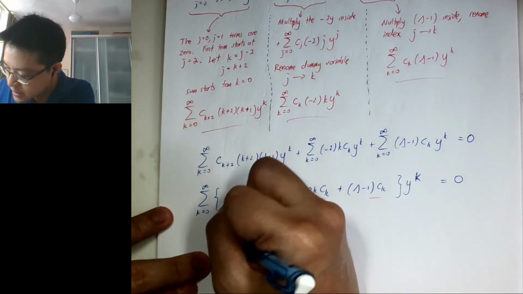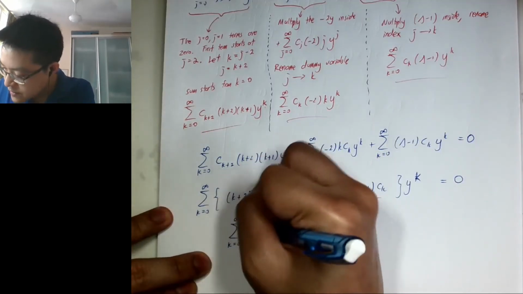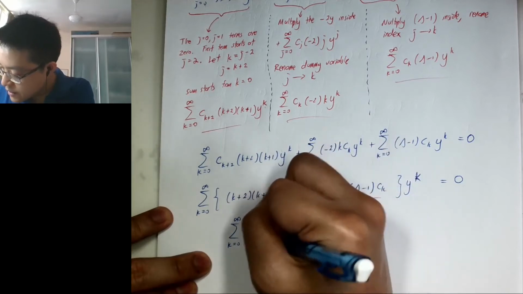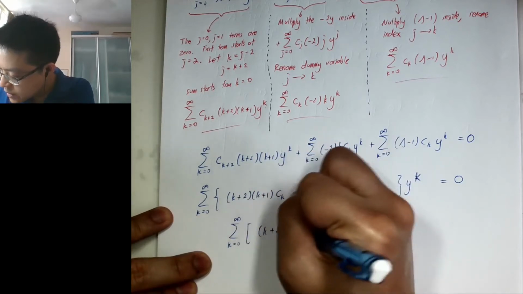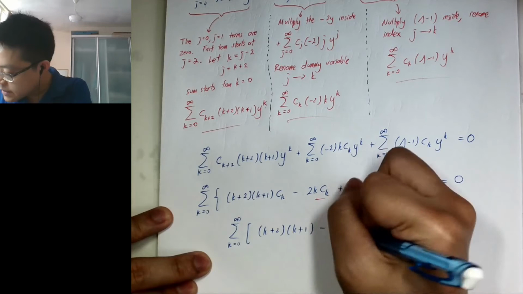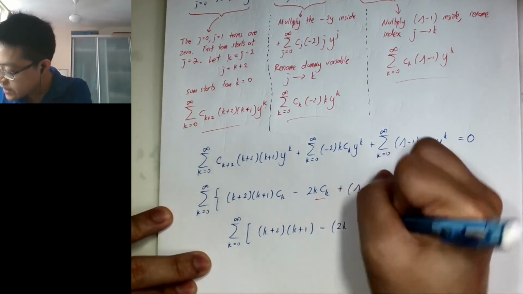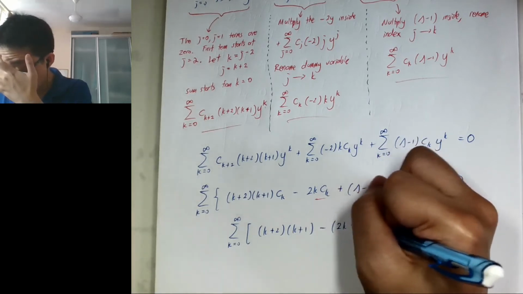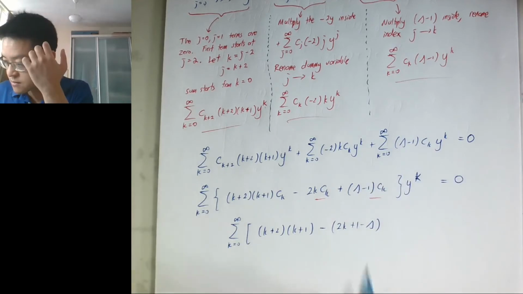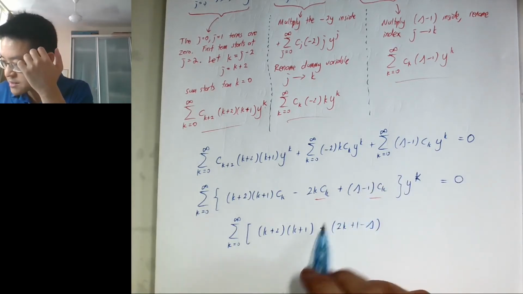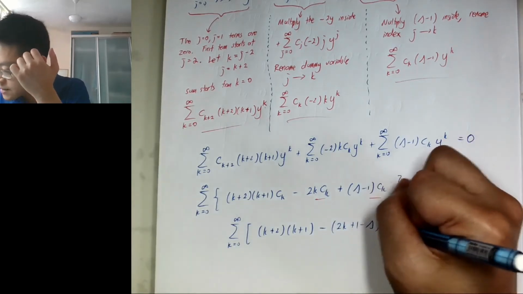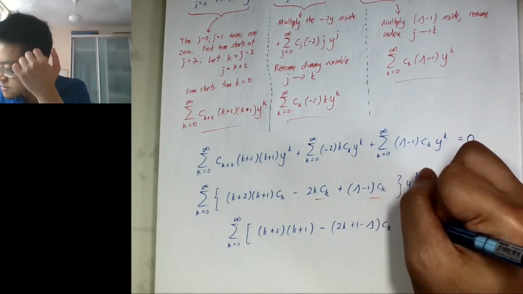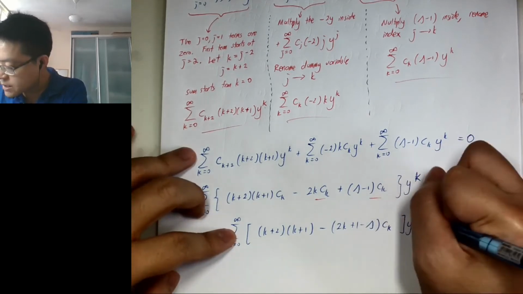And again, these two terms have the same c_k, so this can also be factorized. So this becomes the summation from 0 to infinity of [(k+2)(k+1) c_{k+2} minus (2k plus 1 minus lambda) c_k] times y to the power k.